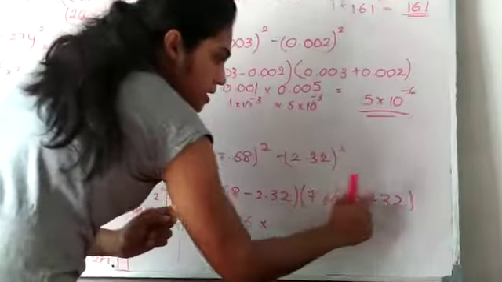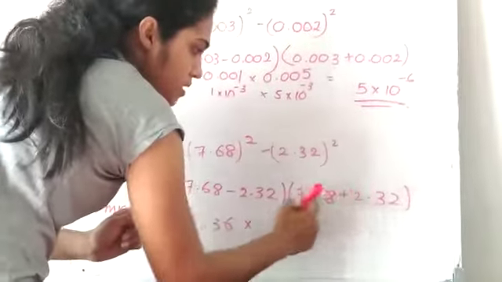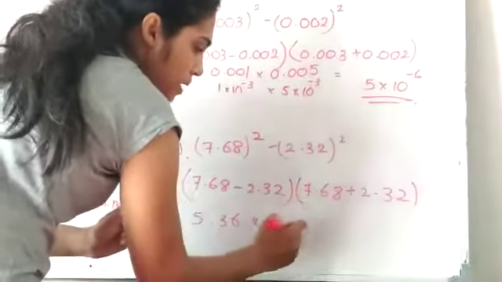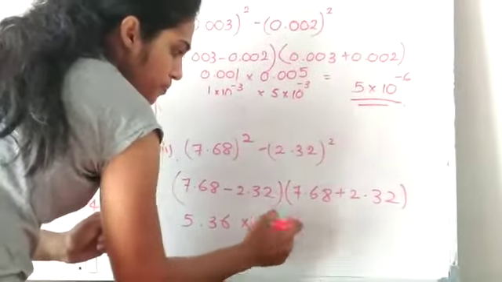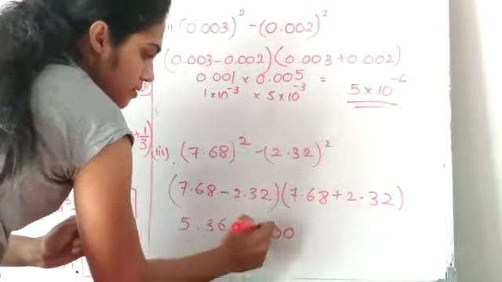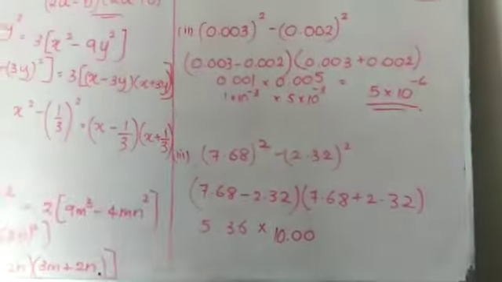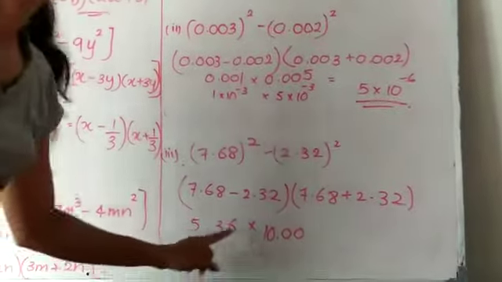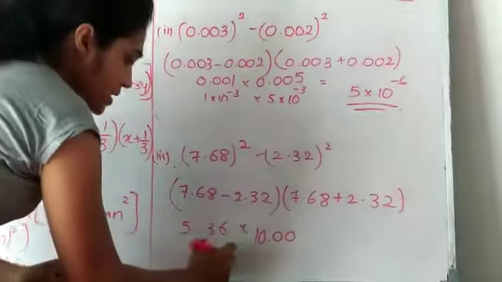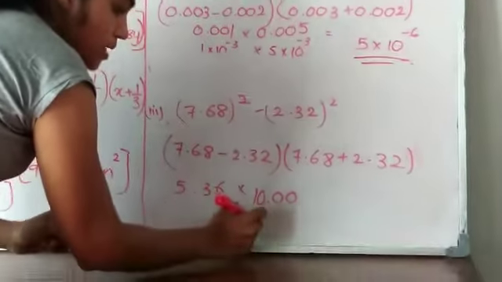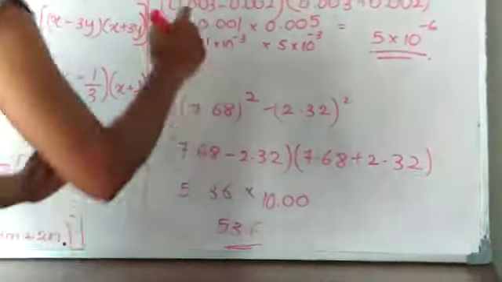That gives 5.36. Into 8 plus 2 is 10, 6 plus 3 is 9, 9 plus 1 is 10, which is 10. So what's the answer actually? 10 into 5.36. Anything multiplied by 10, you get 53.6 as the answer.